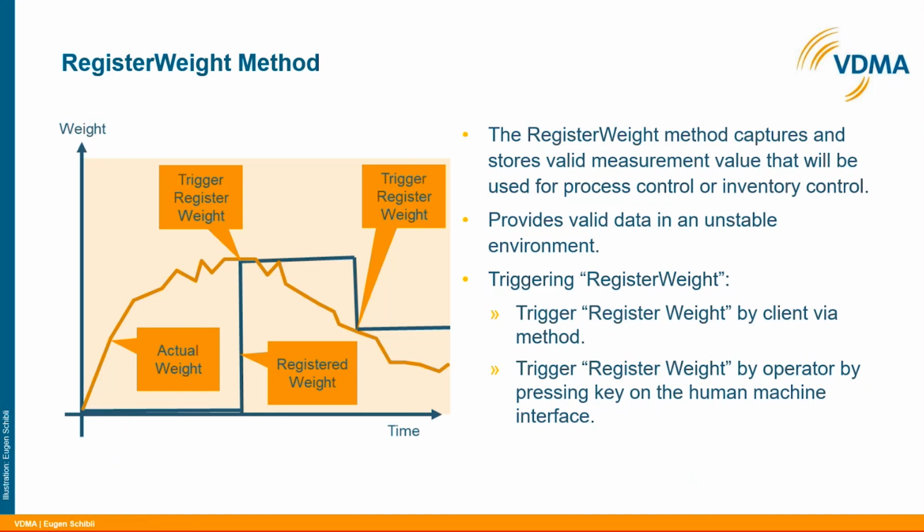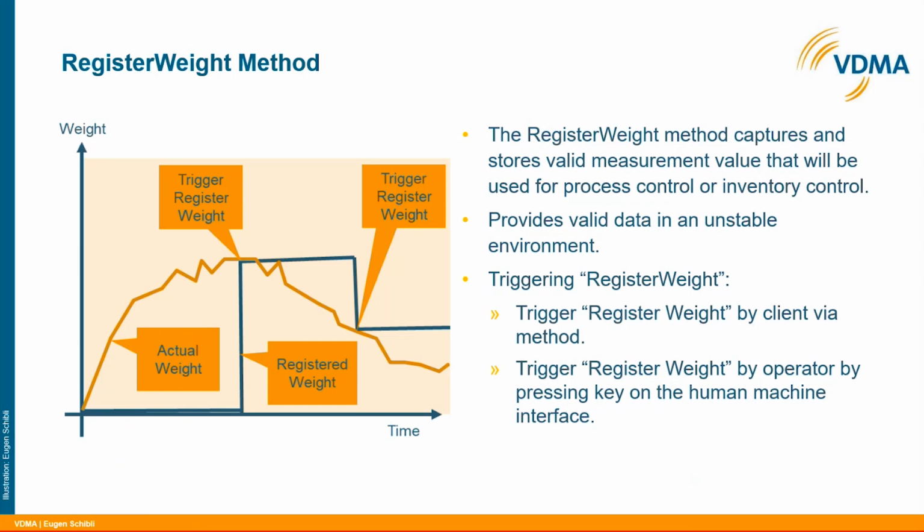Unless you have the perfect environment, when you're weighing, it is very common, not always, that you have a slightly fluctuating weight value. Or you place the weight onto the scale, trigger the register weight function, and take off the weight, and the scale goes to 0.